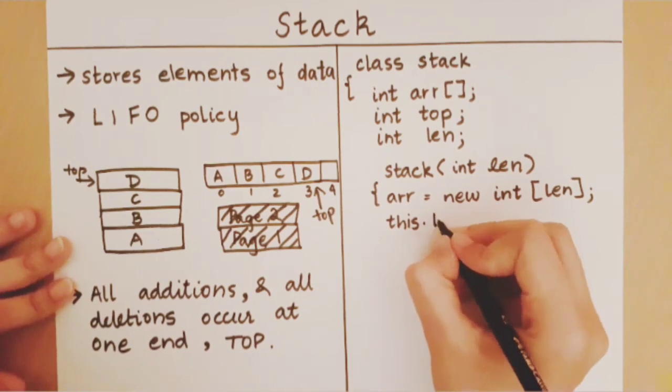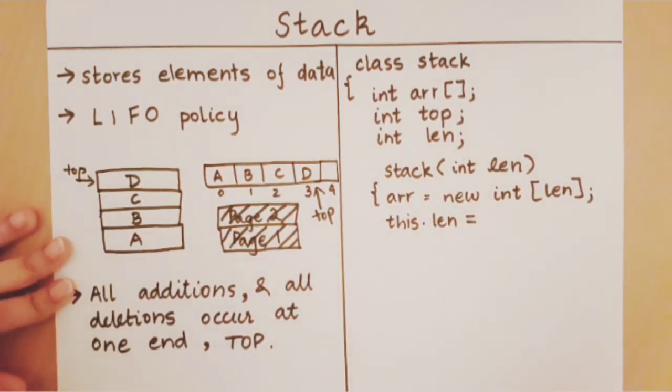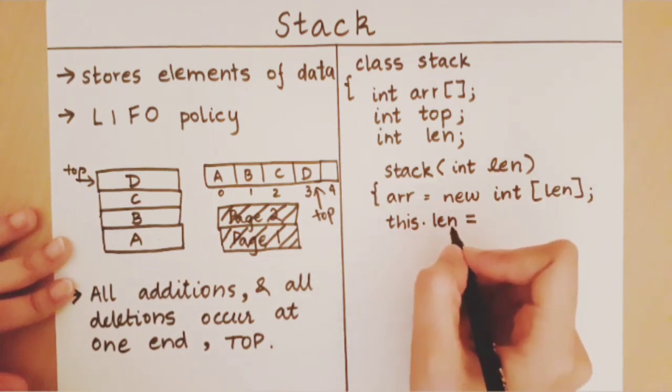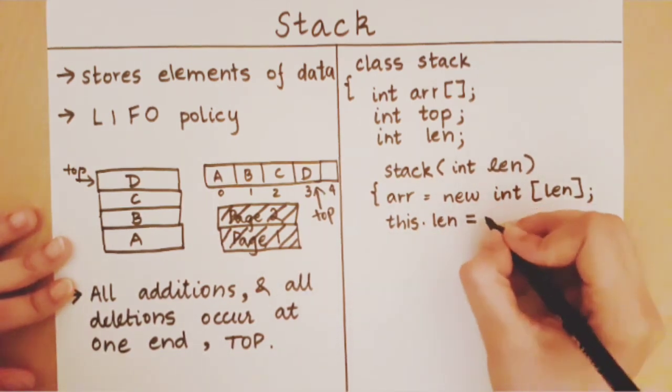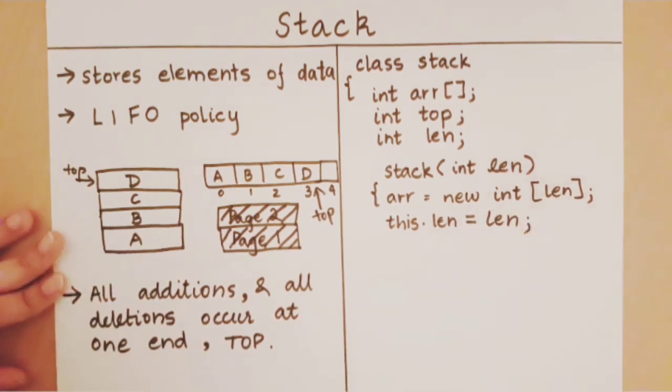So this.len, which means the object's data member len, should store the value which the user has given in the user given len.